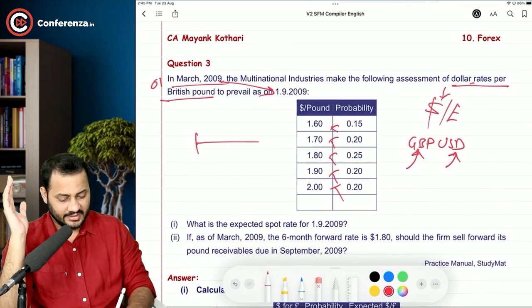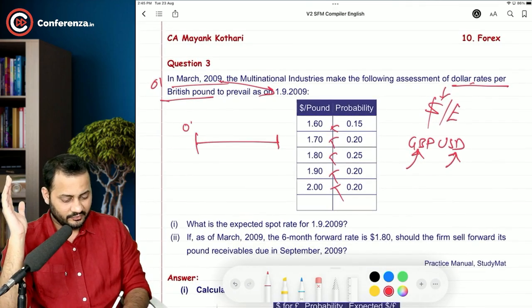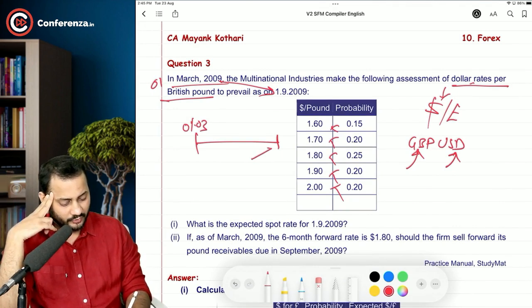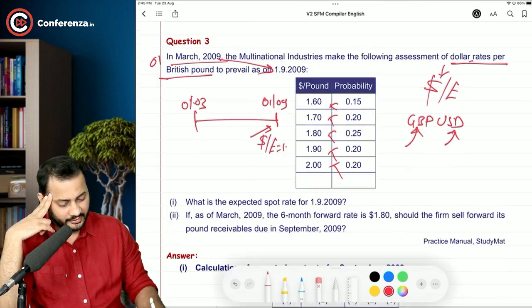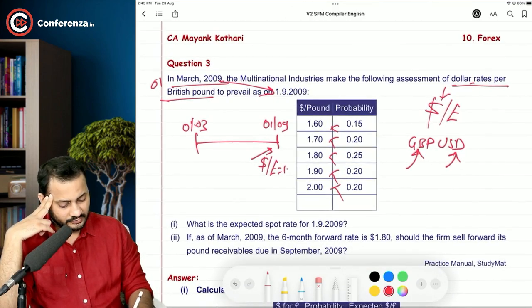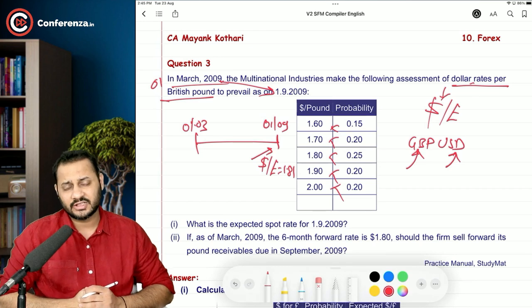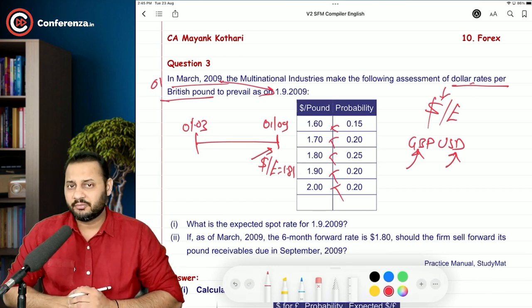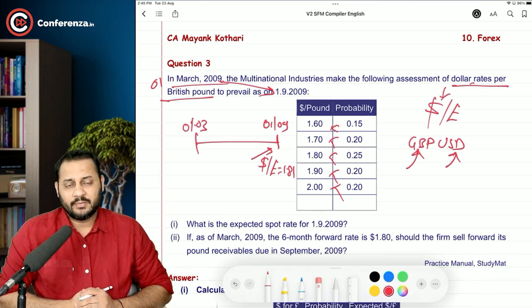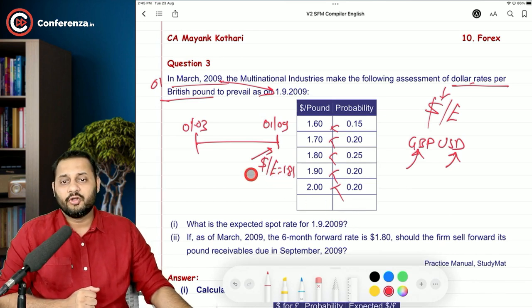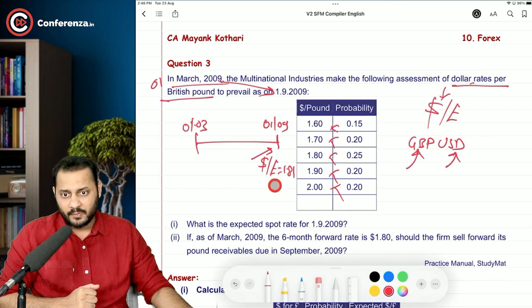Now understand that you are at 1st March and you can expect that on 1st of September the rate of dollar per pound will be 1.81. See, this is not an exam related question, but the concept is important, and since we have started the Forex chapter, that's why I'm taking this question. So you are expecting that the rate on that date will be 1.81 dollar per pound.